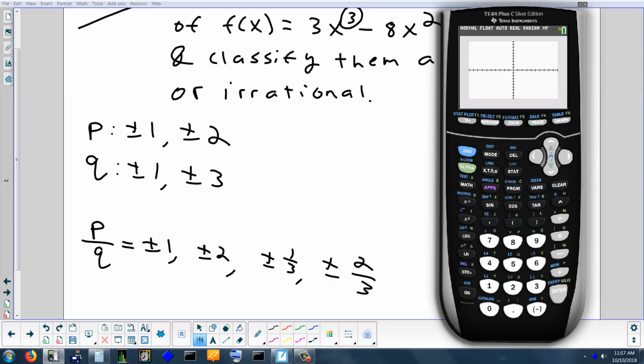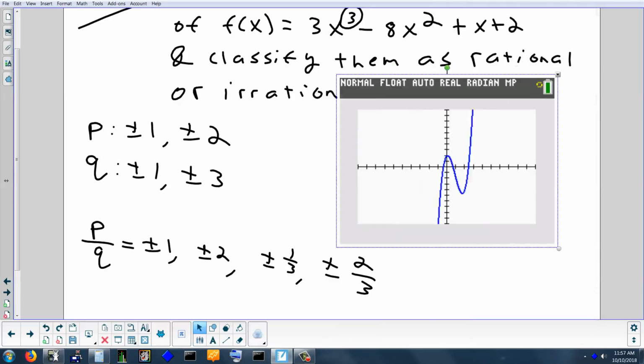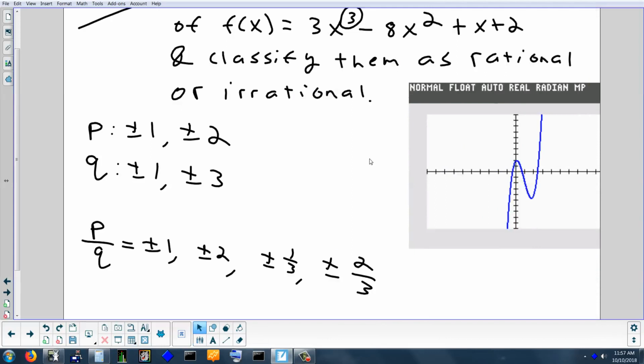Okay, so when we look at it, we're going to get 3 answers to this problem when we're done. Does it look like plus 1 is an answer? I don't think so. It's a little off from that. How about minus 1? No. Plus or minus 2?